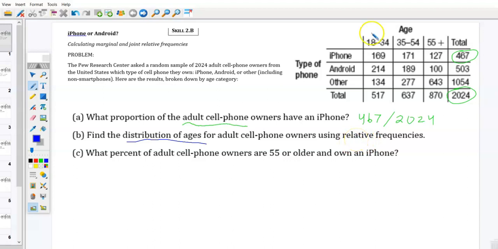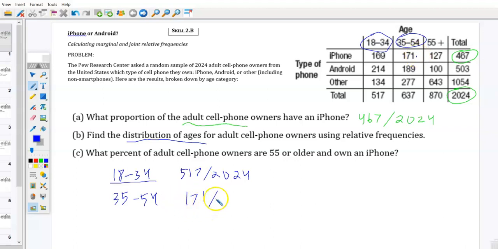So let's talk about the first age, 18 through 34. That would be 517 divided by 2024. And then the next group would be 35 through 54, and that would be iPhone users, so 171 divided by 2024.